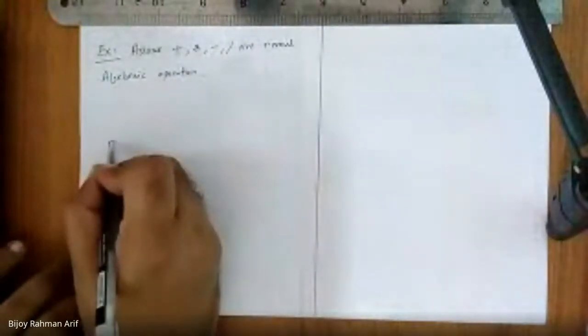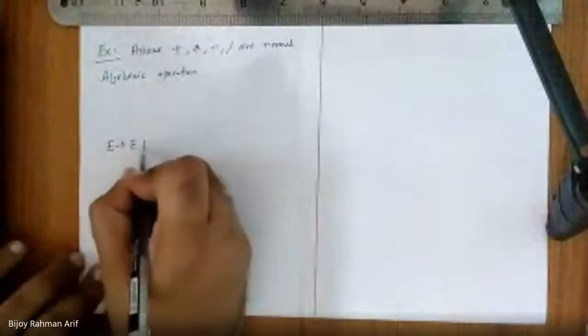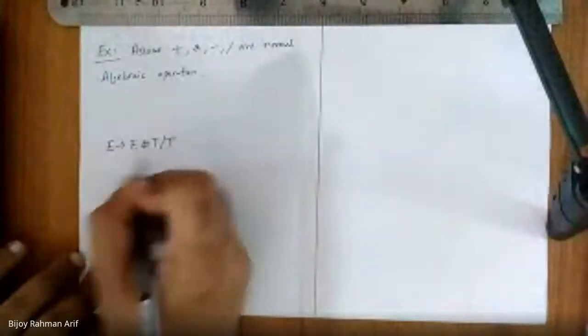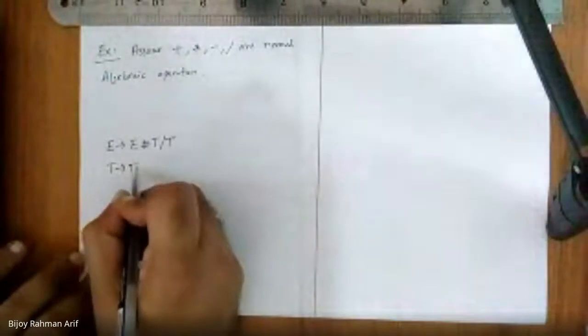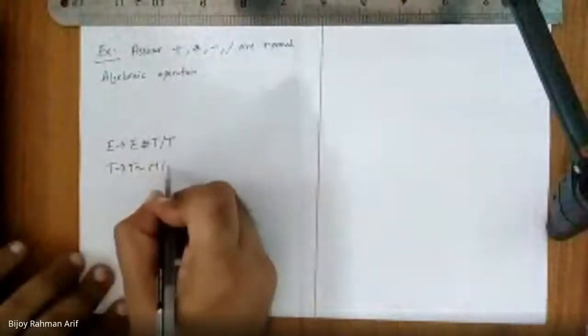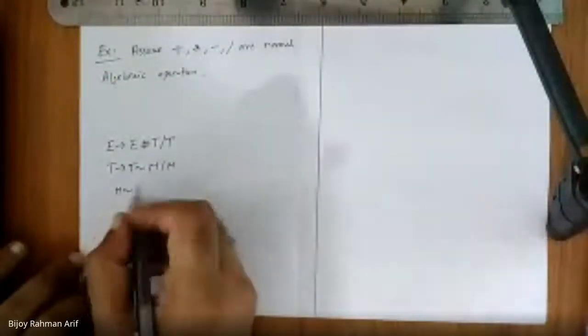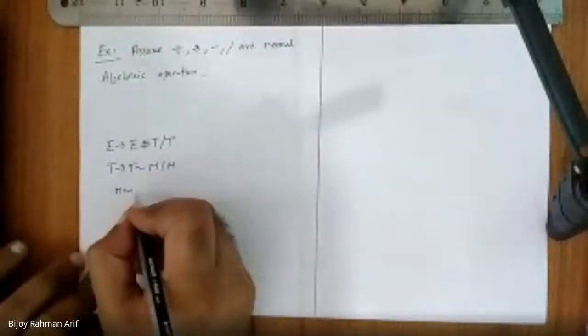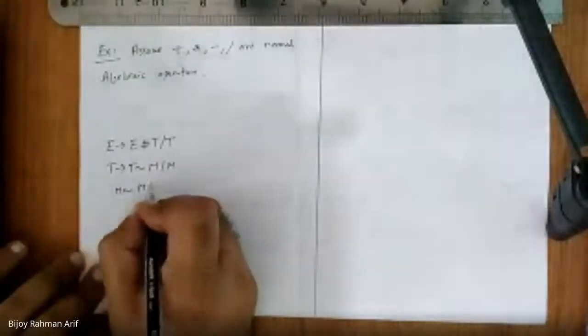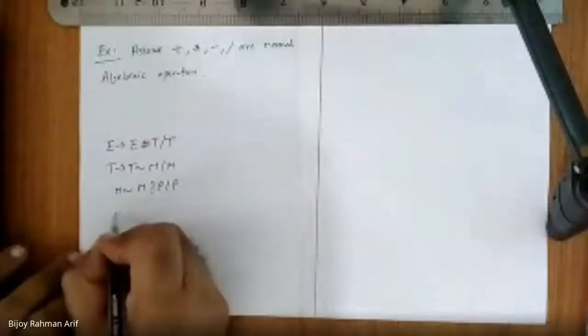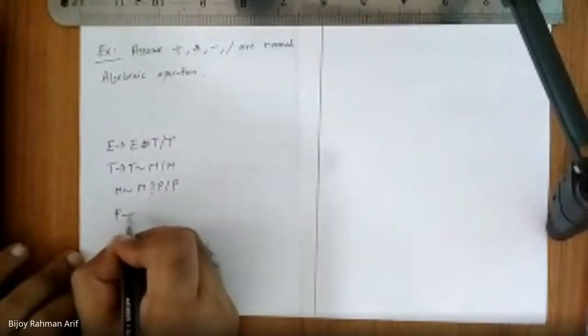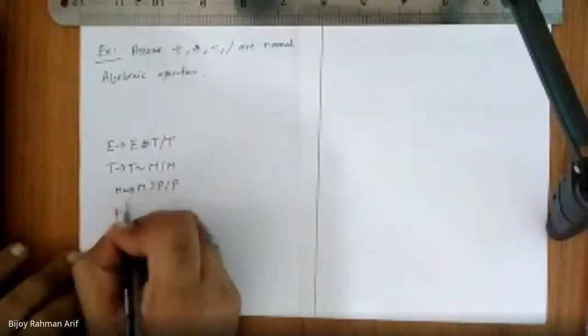E derives E hash T or T. T derives T wiggle M or M. M derives M question mark P or P. P derives num.